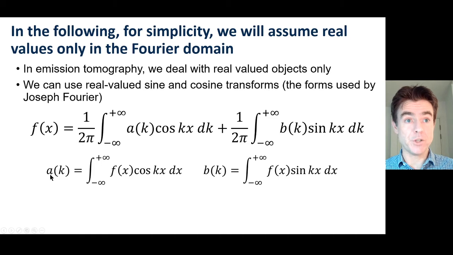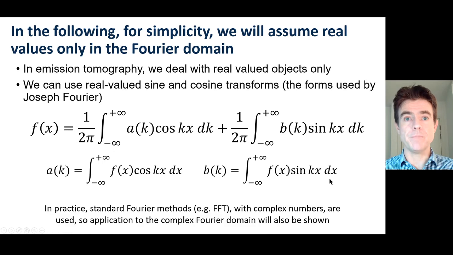So if we want to find the coefficient for spatial frequency k, that's a of k, then we just take that cosine with that same k, multiply it by f of x, and integrate. And this just works by the beauty of orthogonality of the cosine functions. I refer you to other videos to understand that concept better, and the same goes for the sine.